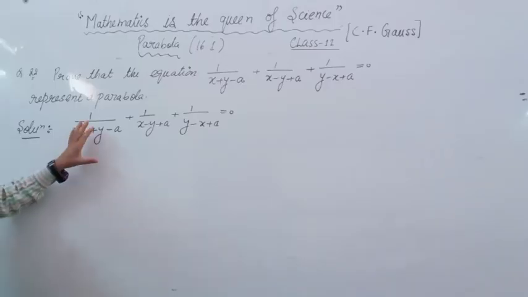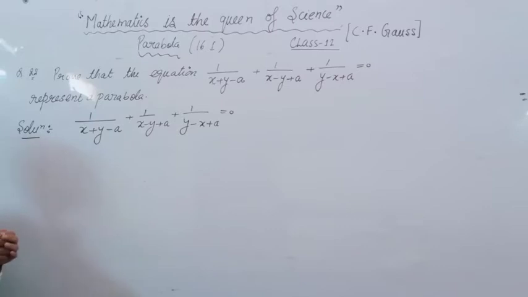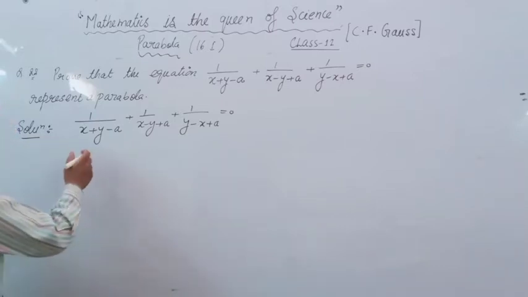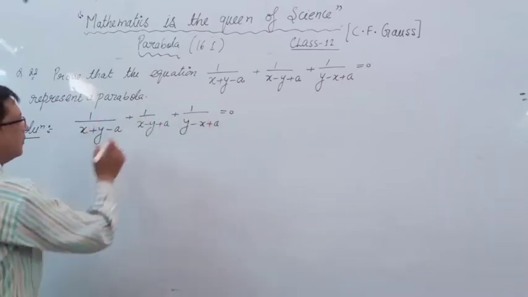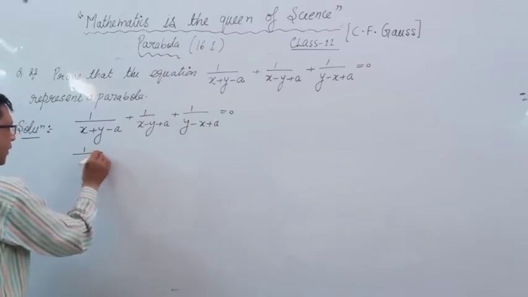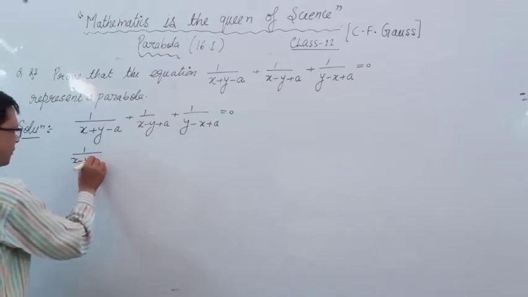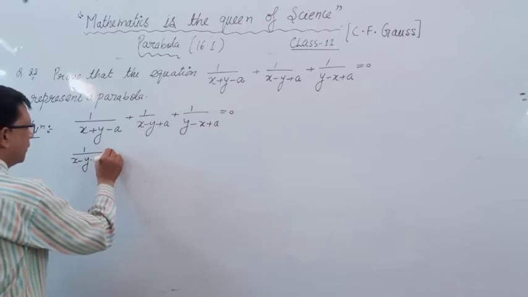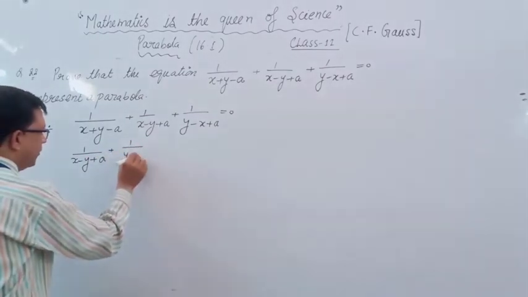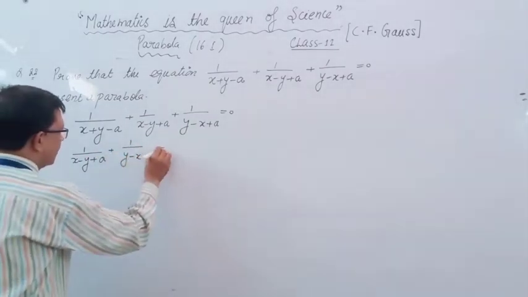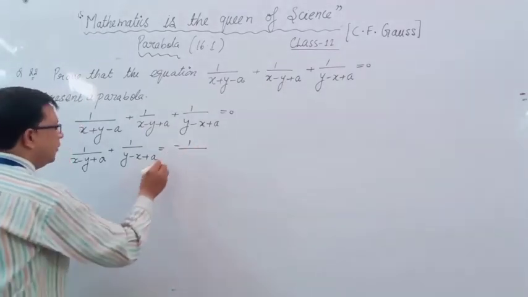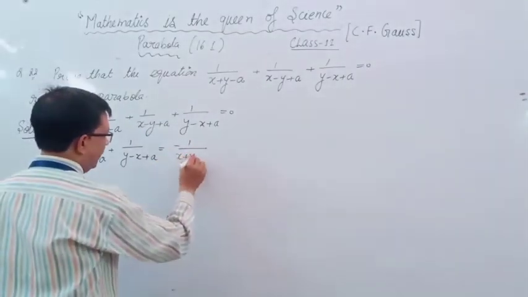Now we are going to solve this equation. We write this equation as it is and move one term to the opposite side. So we write 1 upon x minus y plus a plus 1 upon y minus x plus a is equal to minus 1 upon x plus y minus a.